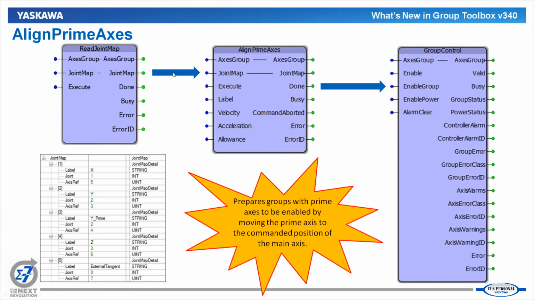But one of the other blocks that were mentioned here is read joint map, which puts together this structure. Kind of does a correlation for you between the joint name, its number, and its axis ref.